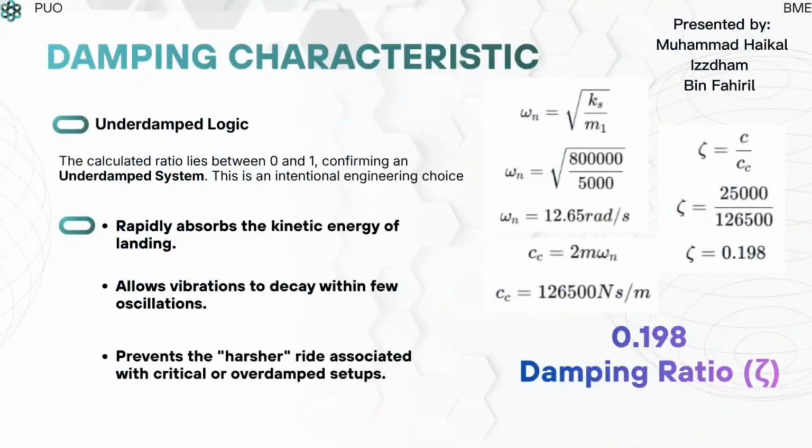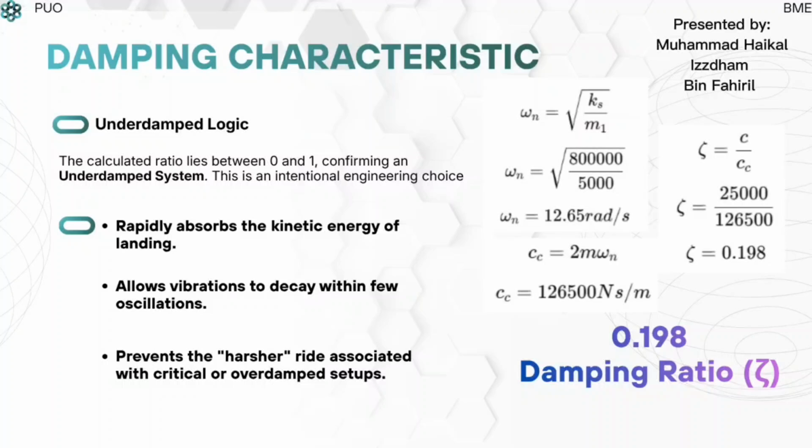Now let's move on to damping characteristics. Using our baseline values, we calculate the approximate system natural frequency to be 12.65 radians per second. This yields a critical damping coefficient of 126,500 Newton second per meter.